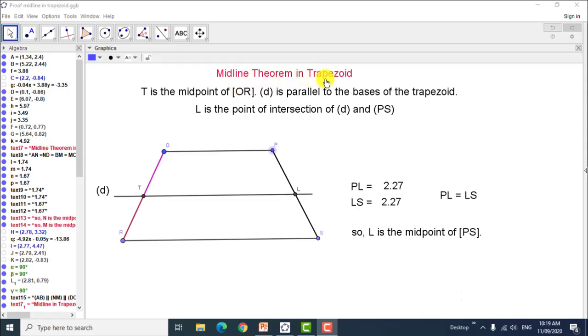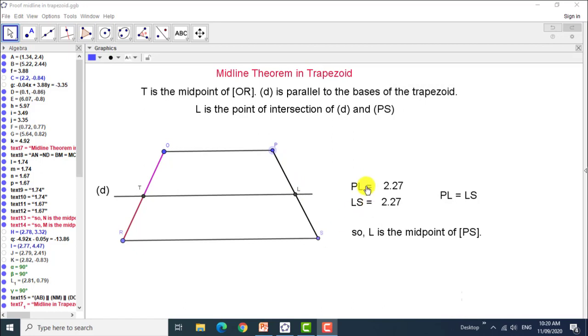Midline theorem in trapezoid. Here we have trapezoid OPSR, T is the midpoint of OR, D is a line passing through T and parallel to the bases of the trapezoid. Here we have L is the point of intersection of PS and D. As we see here also, we have the length of PL and the length of LS.